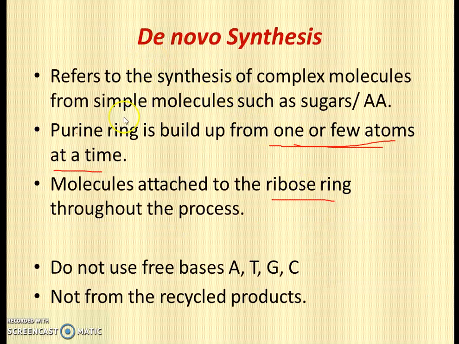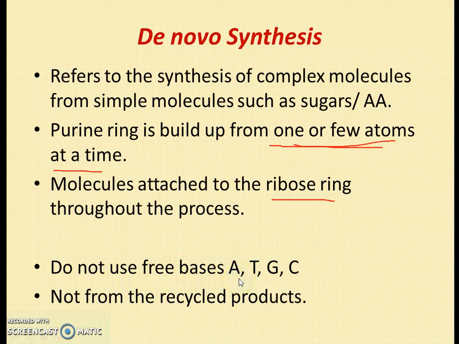Coming to the de novo synthesis, here it refers to the synthesis of a complex molecule from simple sugars and amino acids. That means the purine ring is derived from amino acids as well as some other sugars like ribose sugar, and one or a few atoms which are attached to the ribose ring, and it is not synthesized from the free bases.